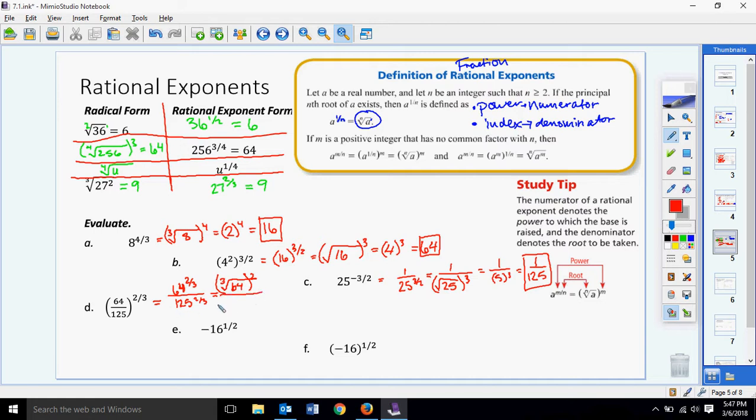Down here, I'm taking the cube root of 125 raised to the second power. And I'm going to simplify. The cube root of 64 is 4. The cube root of 125 is 5. Square them, and you get 16 over 25.